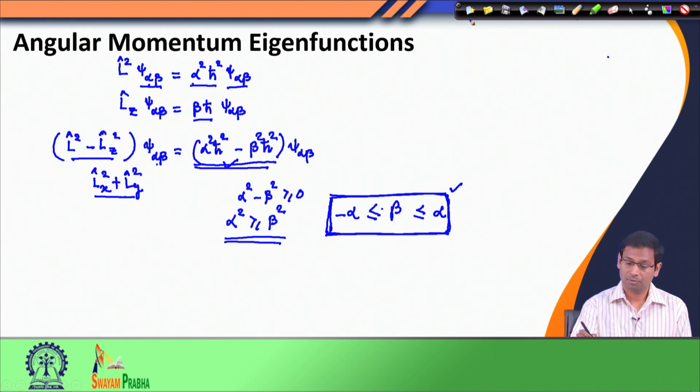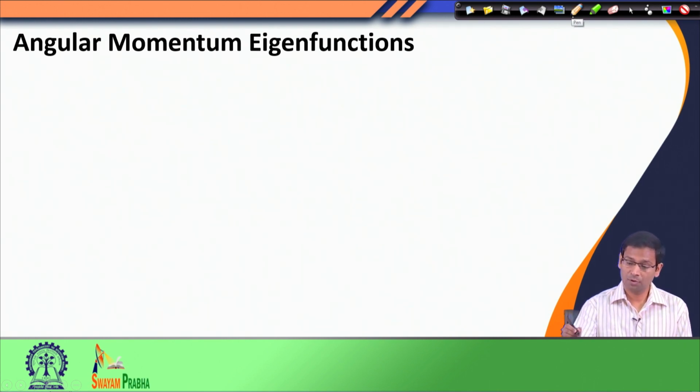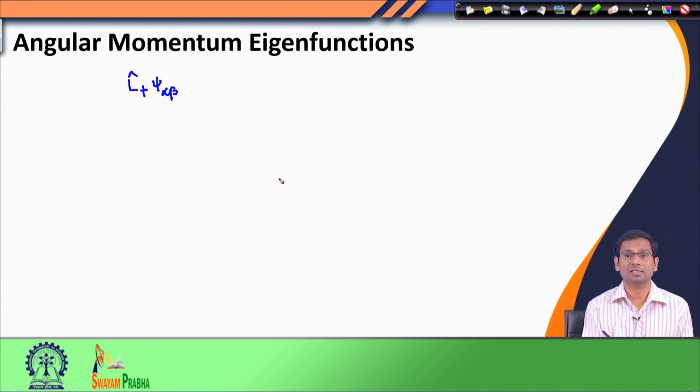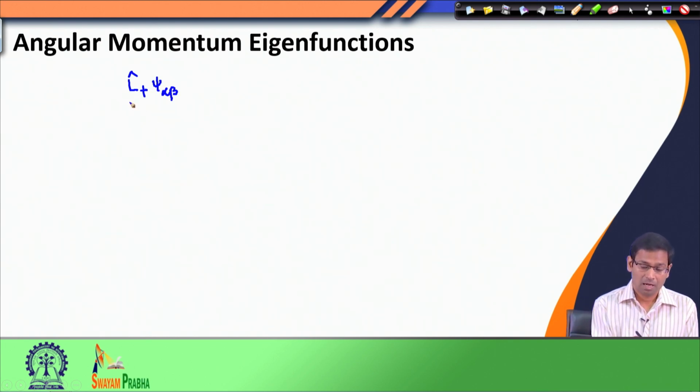But before that, we will look at a new function, obtained when I apply my L plus operator on this eigenfunction psi alpha beta that I have defined as the simultaneous eigenfunction of the L square and Lz operators. When I apply the L plus operator on psi alpha beta, I do not know whether it is an eigenfunction of L plus or not.